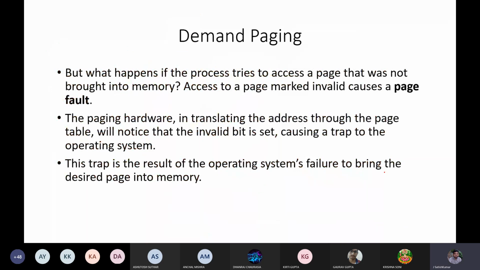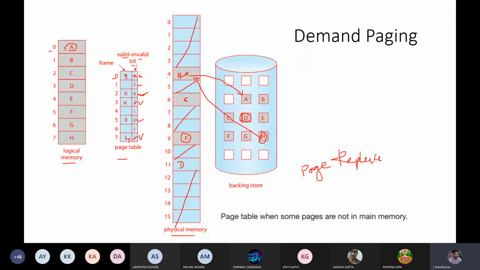So in demand paging, what happens? Whenever you are allocating a page into the memory, when there is no need to swap, there is no page fault. Whenever swapping happens, now A is replaced by H. H is needed now.